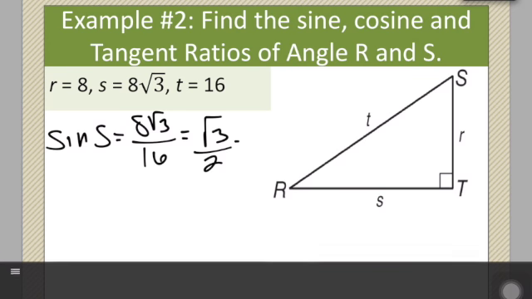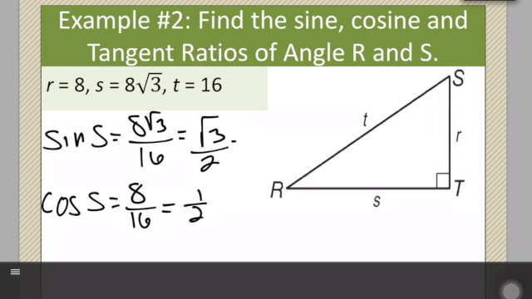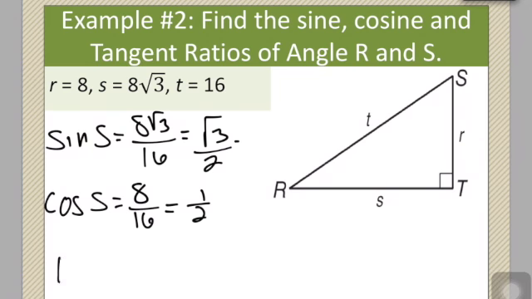Then we have the cosine of angle S, which would be your R value over your hypotenuse, which should simplify to 1/2. And then we should have the tangent of angle S, which is the opposite side, S, 8 radical 3, divided by the adjacent side, R, which is 8, and we end up with radical 3.